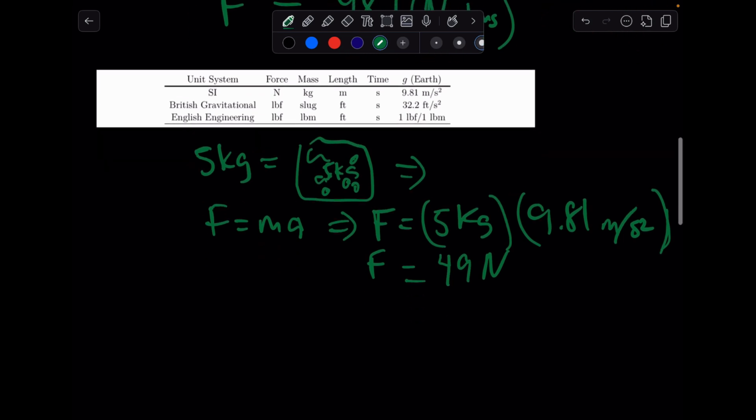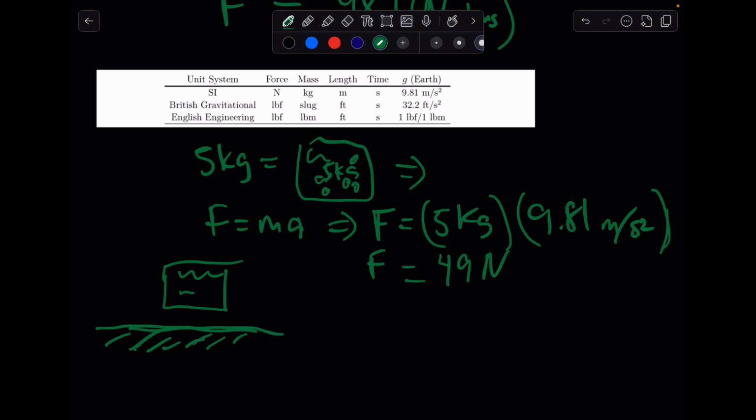So imagine you have this little problem where you're asked to find a reaction from the floor due to a 5 kilogram sack of potatoes, right? So imagine this is the Earth, the floor. Your 5 kilogram sack of potatoes is going to be acting down like this. Again, this is due to the force of the Earth. So now you know your force here because you did your little problem.